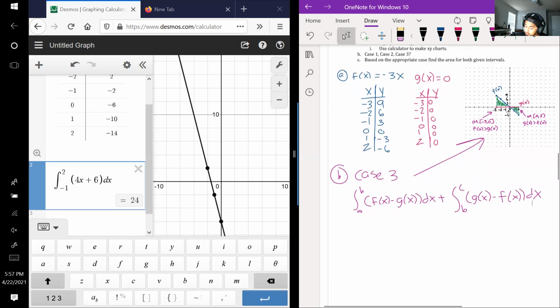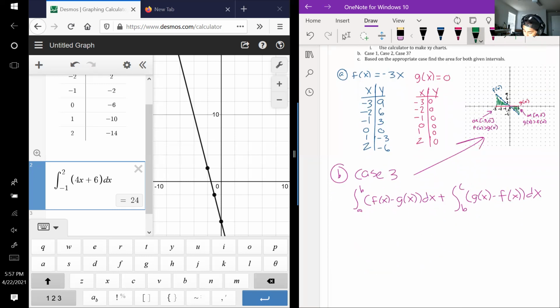Okay, so we are ready to go. Move on to step C. Okay, so we're going to have the integral from -3 to 0 of f of x minus g of x dx plus the integral from 0 to 2 of g of x minus f of x dx.